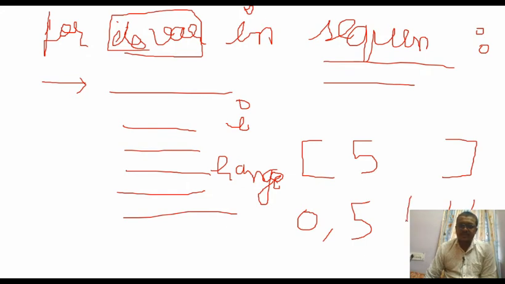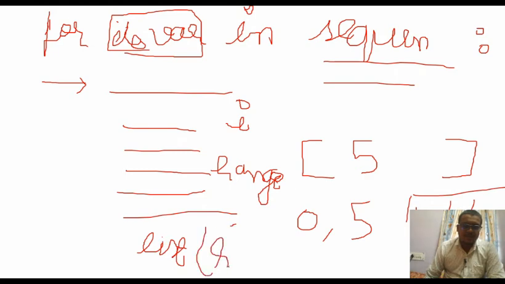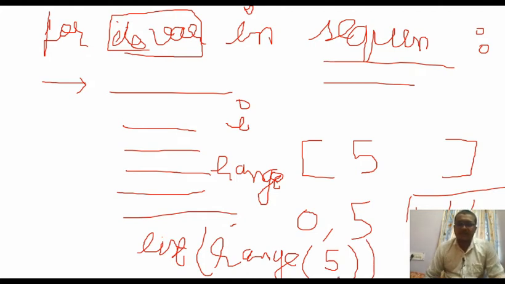In order to see these numbers, you need to provide a list for it. So you need to write list, inside a bracket you need to write range, and you can pass 5. So it will generate numbers starting from 0 to 4, that is 0, 1, 2, 3, 4. So the range is 5 numbers.